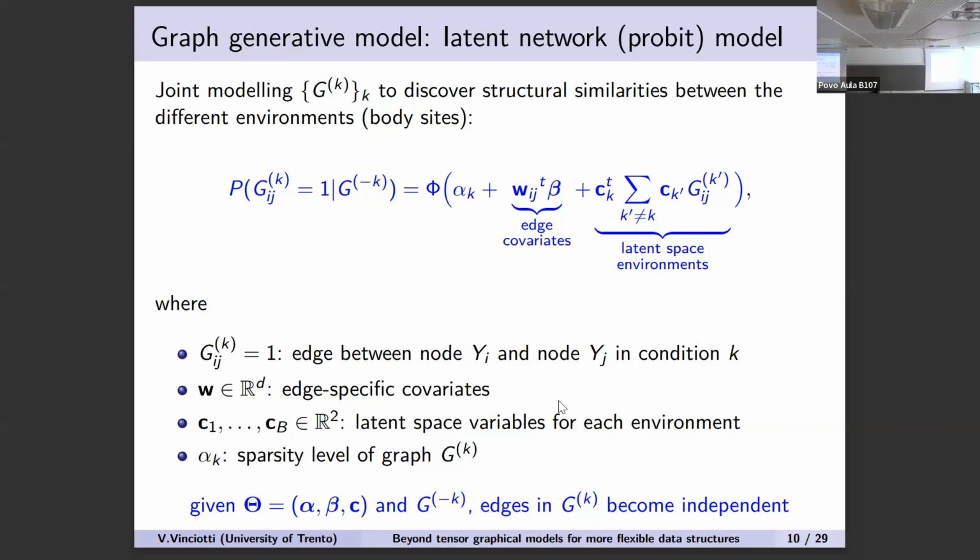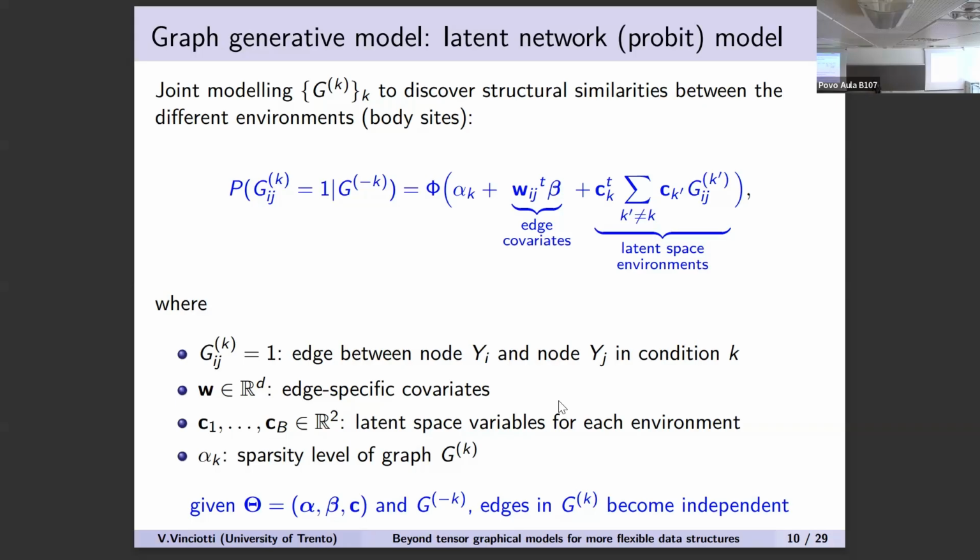So this is about the graph in condition K, conditional on the other ones, minus K. So you have saliva conditional on throat, all the other 12 body sites which appear here, because this is a sum for K prime different to K.